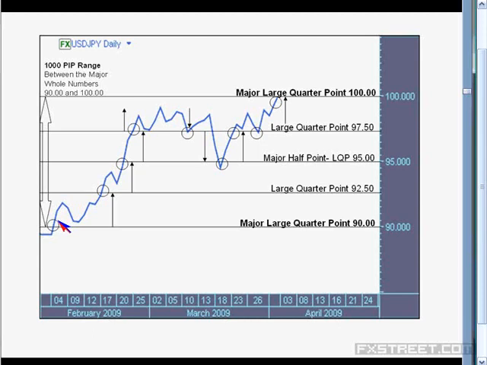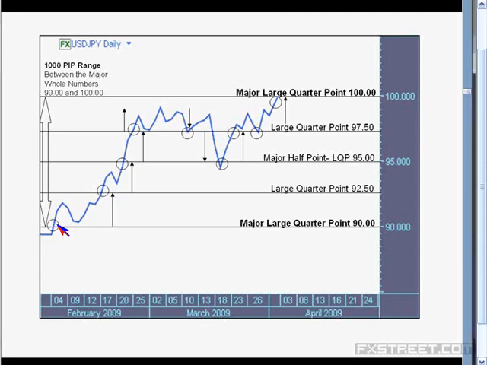That is what I call a 1,000 pip range transition, where prices have transitioned from the previous 1,000 pip range, the range between 80 and 90 yen, and have entered the new 1,000 pip range between 90 and 100 yen.